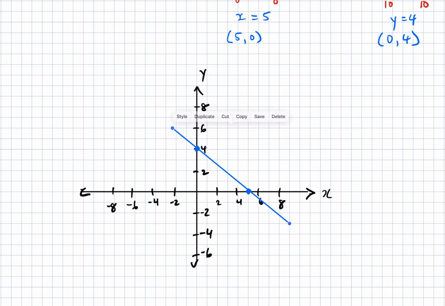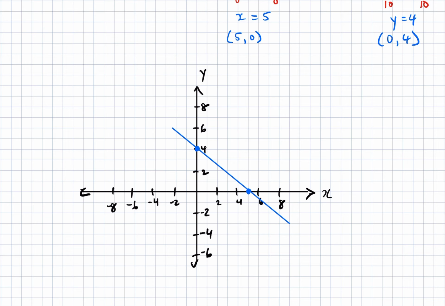And now that we've got the straight line, we would identify the midpoint of this line. If we eyeball it, we end up right about here, so we can put a dot.